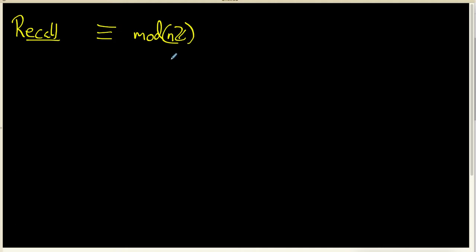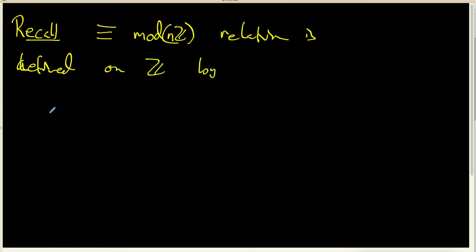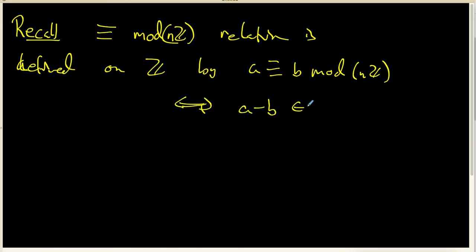The congruency mod nZ relation is defined on the set of integers by a is congruent to b mod nZ if and only if a minus b belongs to the subring nZ.